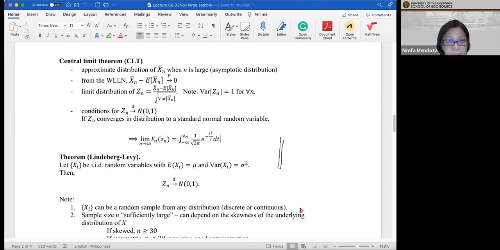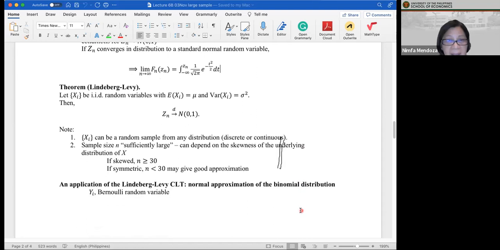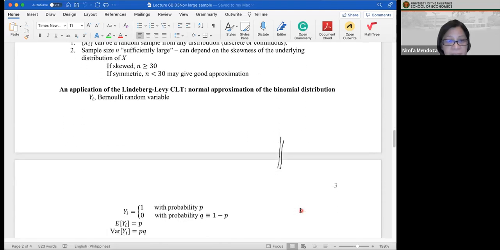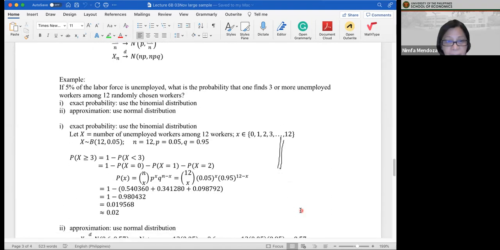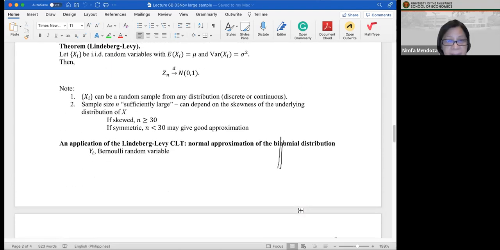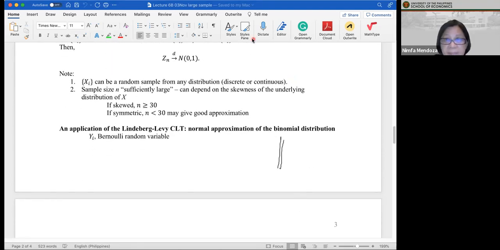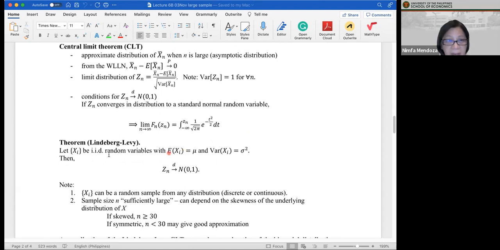So the first version is that of Lindeberg-Levy, which is probably one of the simplest forms of the central limit theorem. Let x sub i be independent, identically distributed random variables.